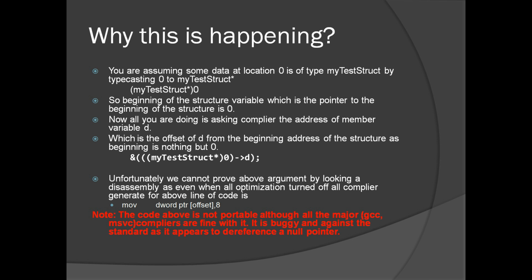The complication here is in this particular statement we are clearly dereferencing a null pointer by syntax or by C standard. So this arrow operator is supposed to dereference a null pointer. But actually none of the compiler does this dereferencing, or none of the compiler generate any assembly instruction which actually dereference a null pointer here.